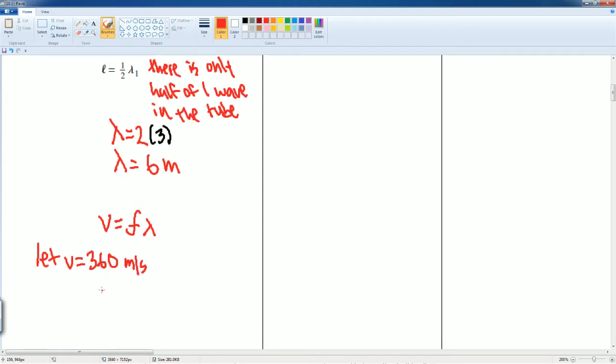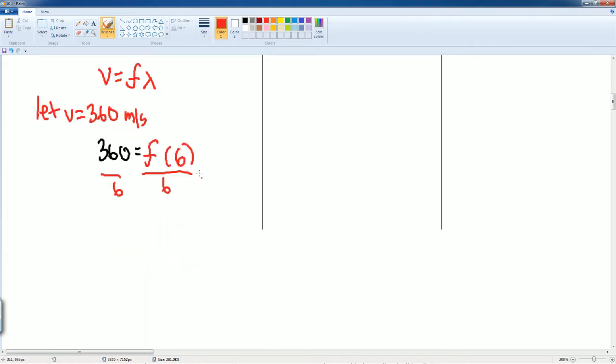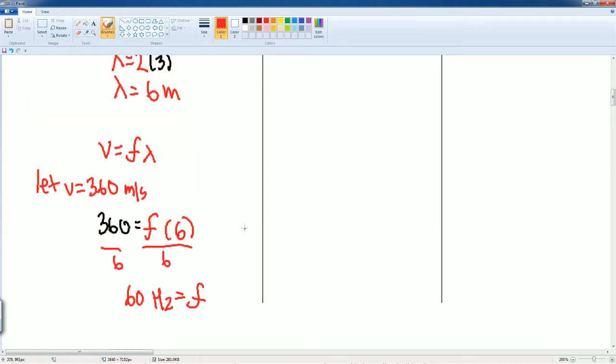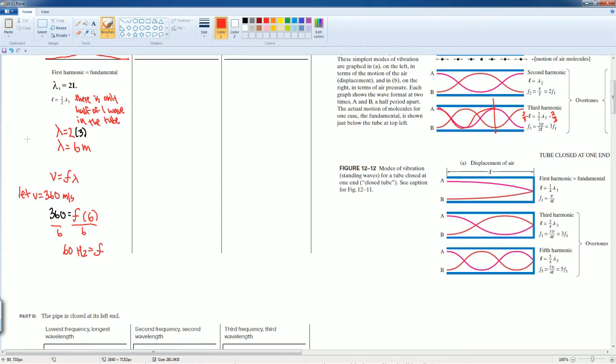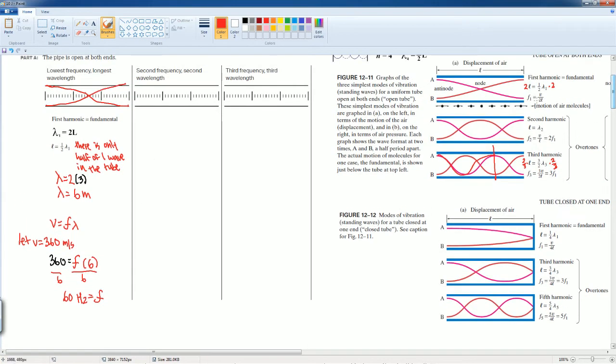So we just plug that in. 360 is equal to frequency times 6. So divide 6 to both sides. You get 60 hertz for the frequency. All right, that's it. So this process is going to be repeated for the next one.